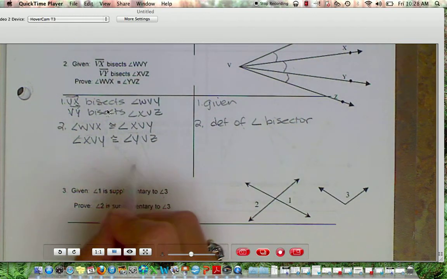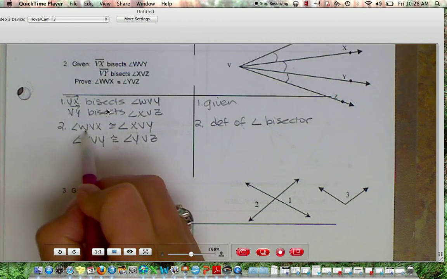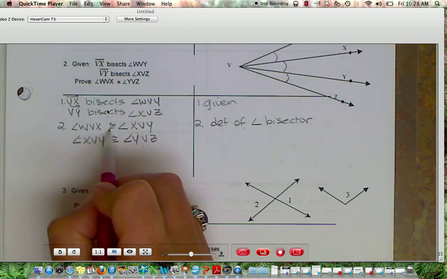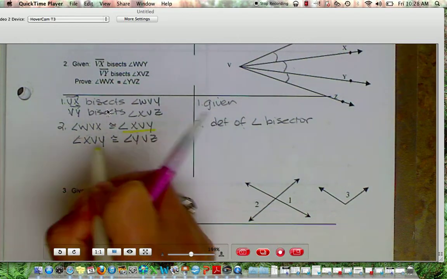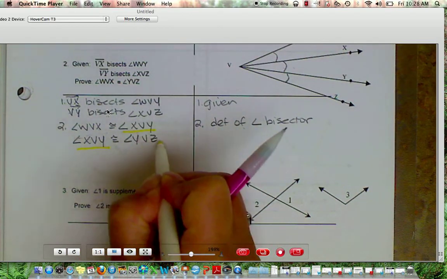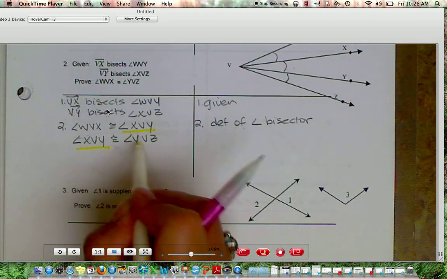Okay. Now if we look at this, we've got angle WVX is congruent to XVY, and XVY is congruent to YVZ. So they're both congruent to XVY.